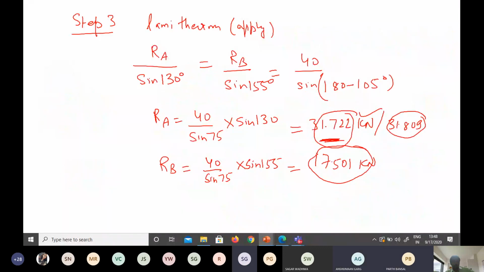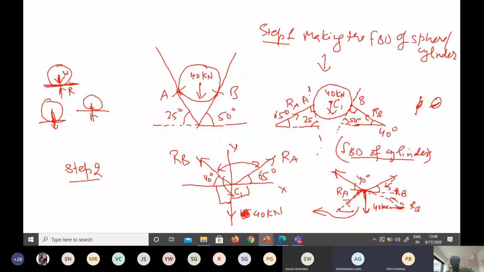You can also apply the resolution of force here to get the value. I will give you 2 minutes. Try to solve it by the resolution of force also, and the values should be the same.